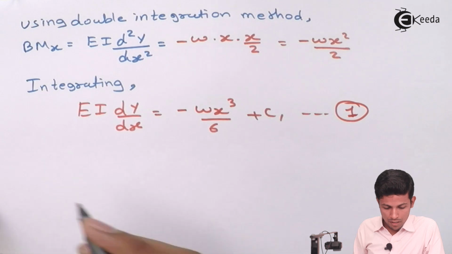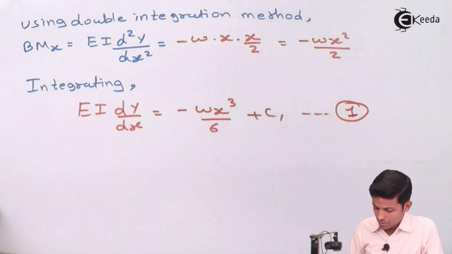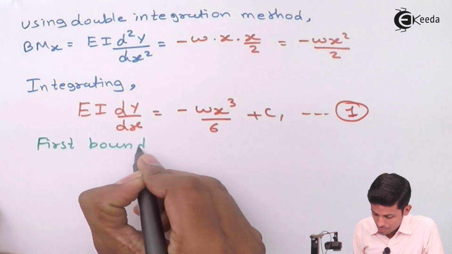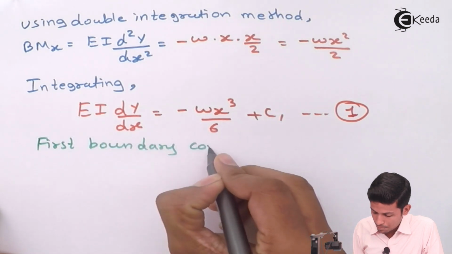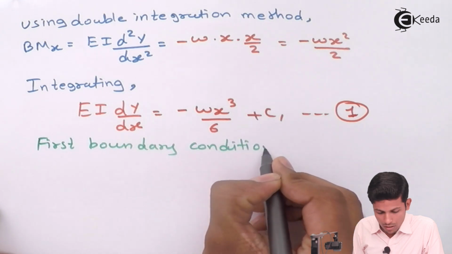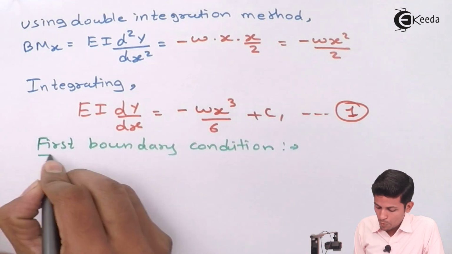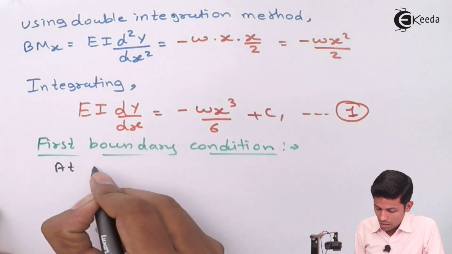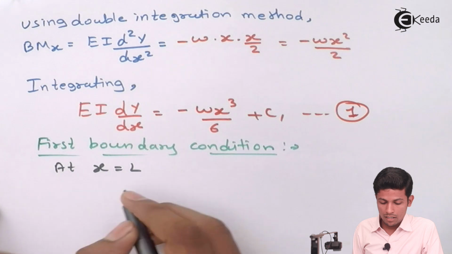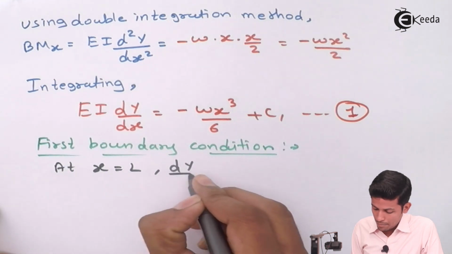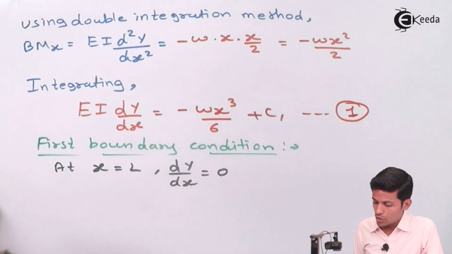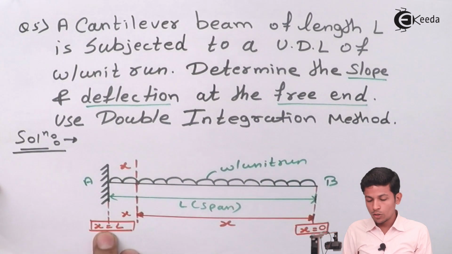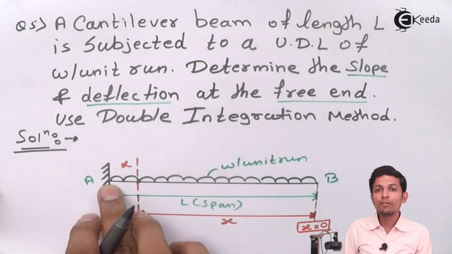First boundary condition: at x is equal to L, dy by dx is equal to 0, means theta will be 0.